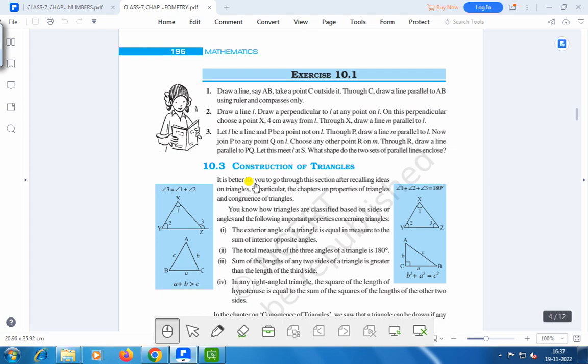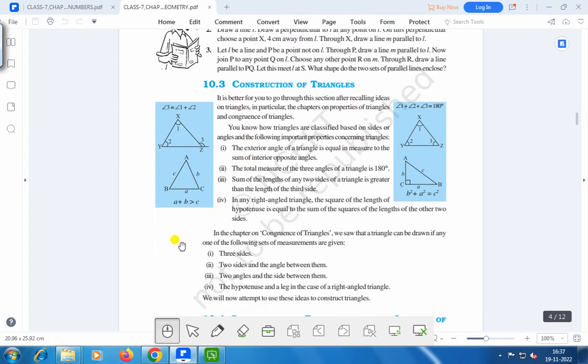Now, next one is construction of triangles. It is better for you to go through this section after recalling ideas on triangles, in particular the chapters on properties of triangles and congruence of triangles. You know how triangles are classified based on sides or angles and the following important properties concerning triangles.